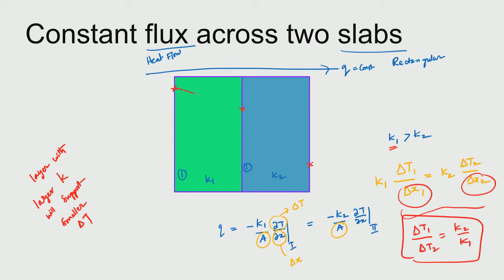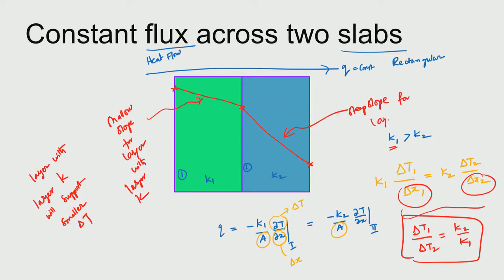So, what happens is that when we draw, you can draw two slopes such that we say shallow slope for the layer with larger K, and we will draw steep slope for the layer with smaller K. So, the layer which has poor thermal conductivity will be able to withstand high temperature differences across it.